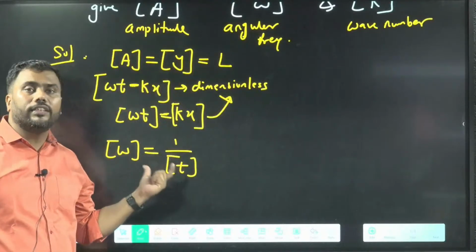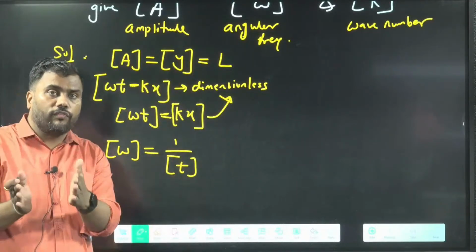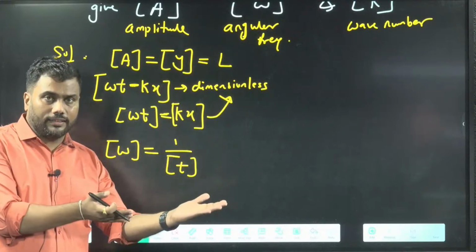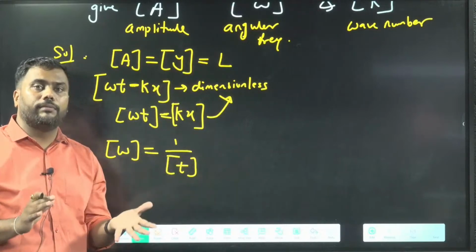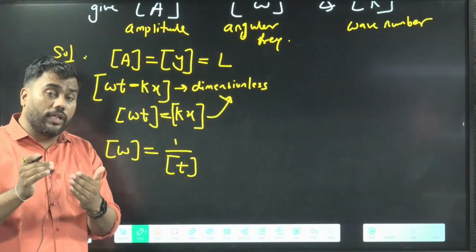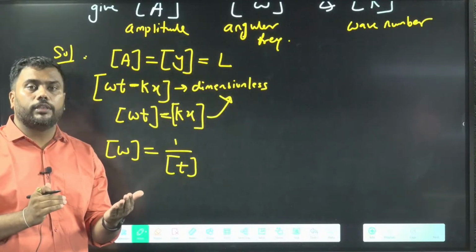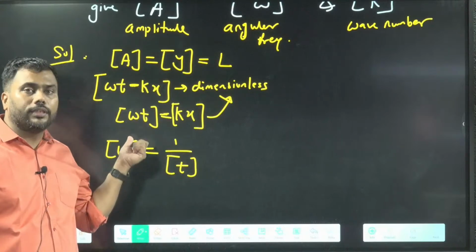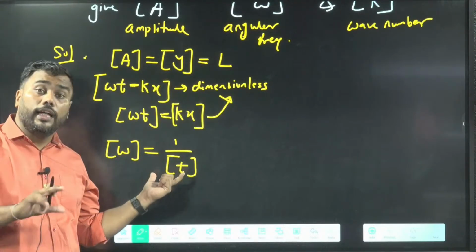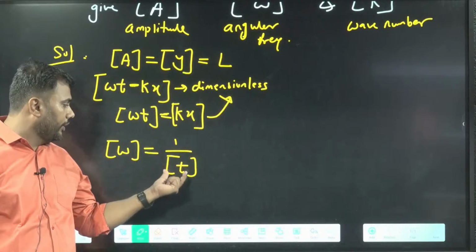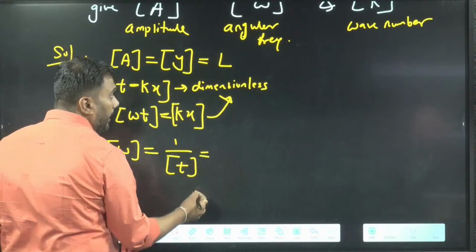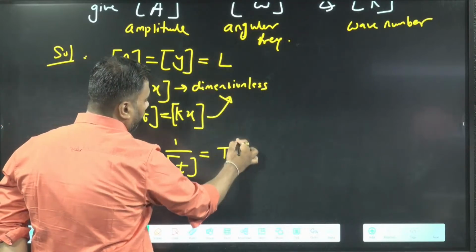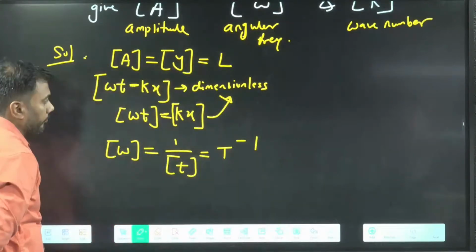So they should have inverse dimensions. Whenever the product of two physical quantities is dimensionless, they should have inverse dimensions. Whenever the ratio of two physical quantities is dimensionless, they should have the same dimension. Here the product is dimensionless, so their dimensions must be inverse of each other. T is time, so omega is T to the power minus 1.